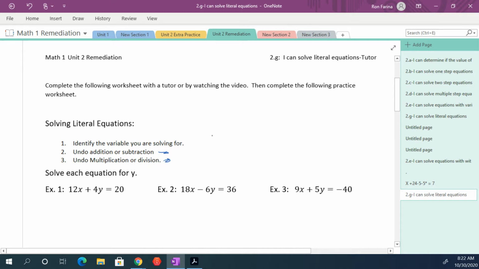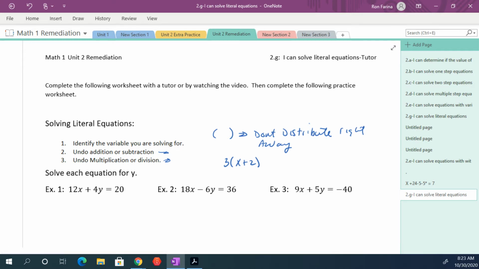Now, when you see parentheses, everybody's going to want to distribute, but don't distribute right away. Okay, what we want to see is if I see something like this, I know 3 is linked to the set of parentheses, or the quantity, in math by multiplication.